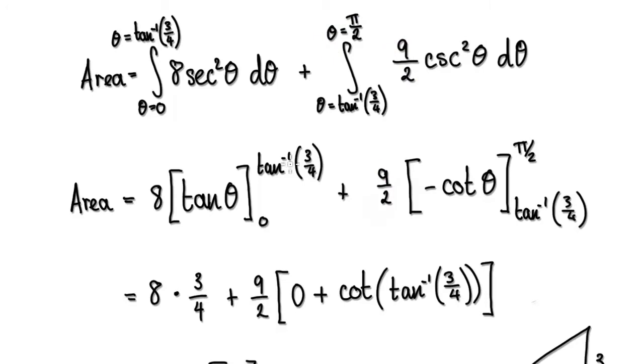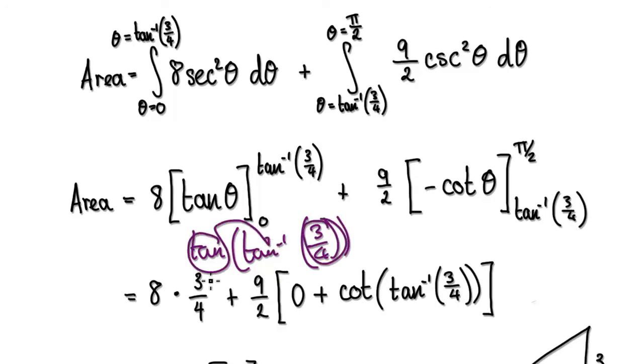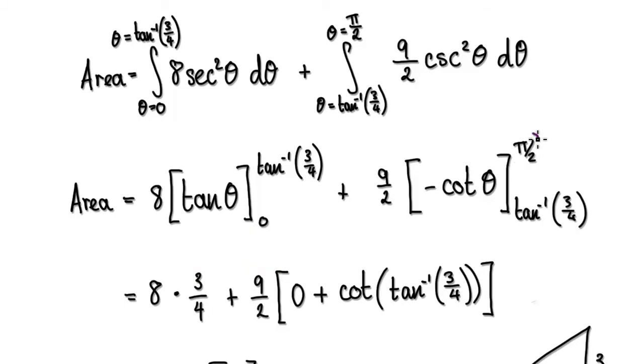And now, when you put this angle into here, it will be tan of inverse tan of 3 over 4. So you're tanning an inverse, so all that's left is 3 over 4. And for this one here, when you put this into here, it will be 0, and then you take away a minus. Hang on, let me do this.